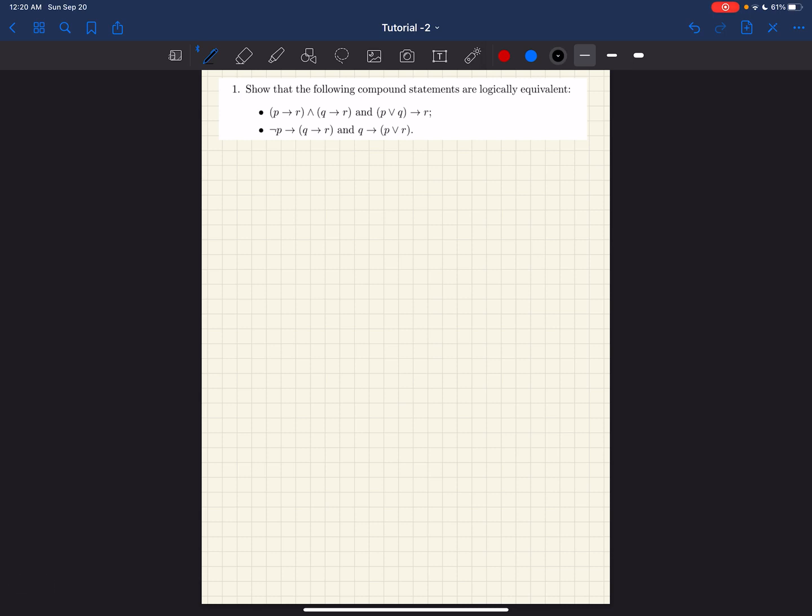The first question says, show that the following compound statements are logically equivalent. The first is (P implies R) conjunction (Q implies R), and (P disjunction Q) implies R. To check for logical equivalence, we can easily do that by creating a truth table.